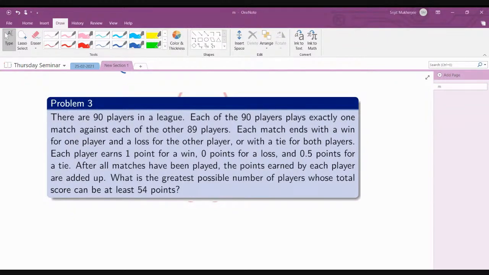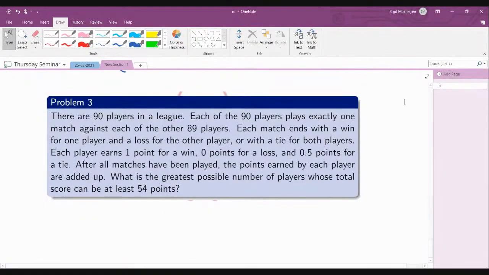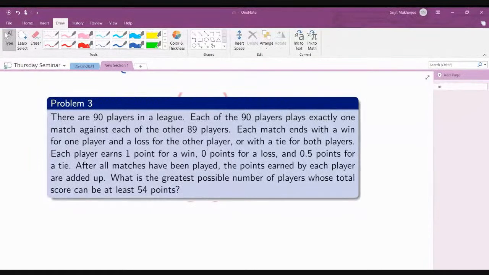The problem asks you to find the greatest possible number of players whose total score can be at least 54 points. Okay, tell me one thing. What is the sum of the scores of all the players? Can you tell me the sum of scores of all the players?